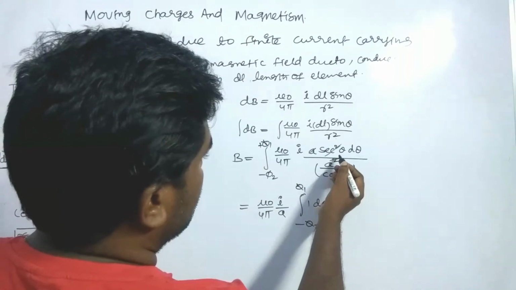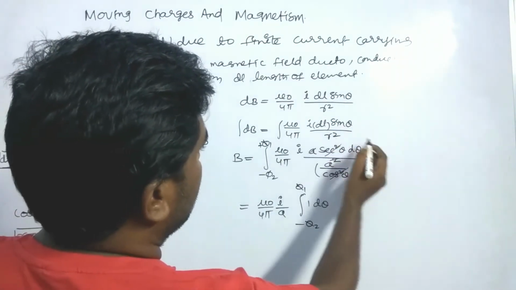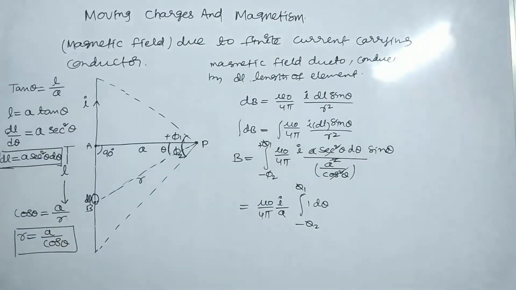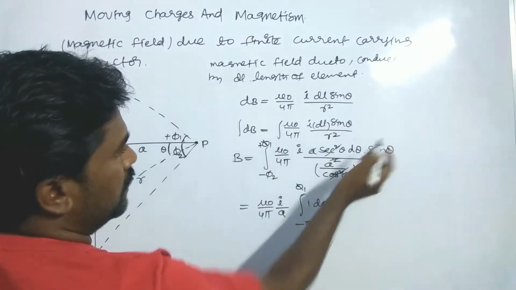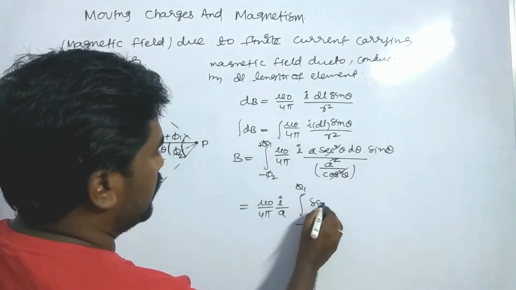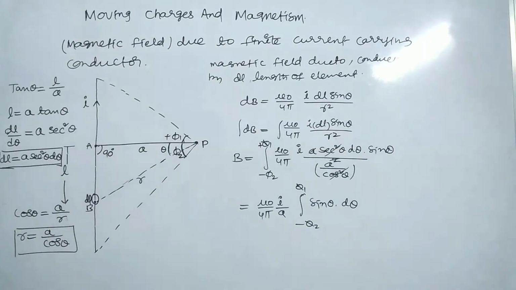Sorry, secant square theta is there, and sin theta is also there here. From this, dl sin theta, dl into sin theta. So here you can write sin theta into d theta, right?